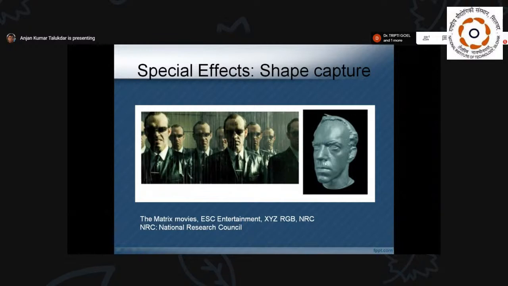First a 3D model of that person is made, and then we vary the parameters of the model to generate various replicas of the same person. You can see in the background the same person but with various expressions. So this technology was also used in that movie.